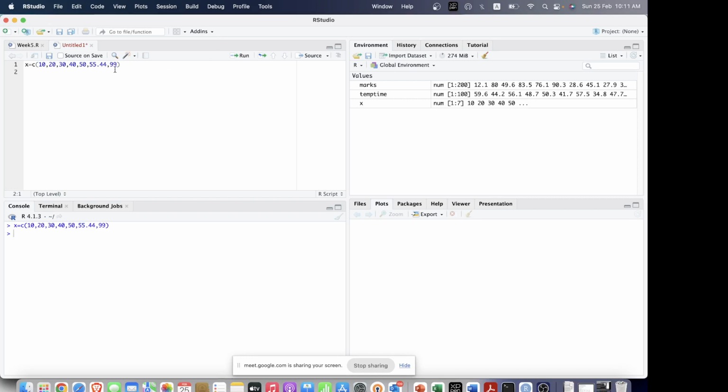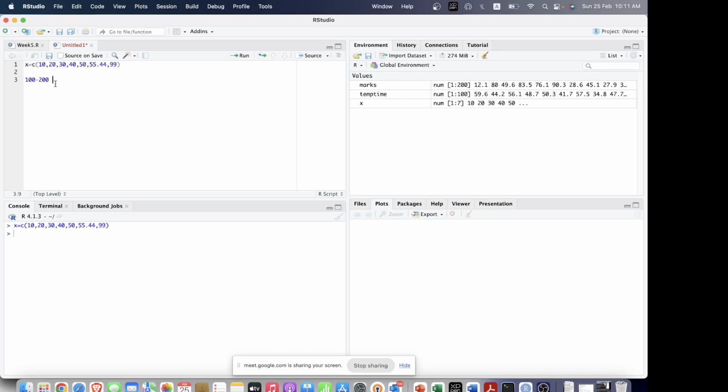But if there are, let's say, 100 or 200 values, it is not possible to manually enter. Most of the times, even if you have 100 or 200 length data sets, these will usually be stored in some format.